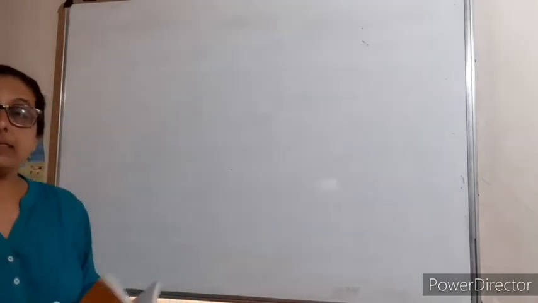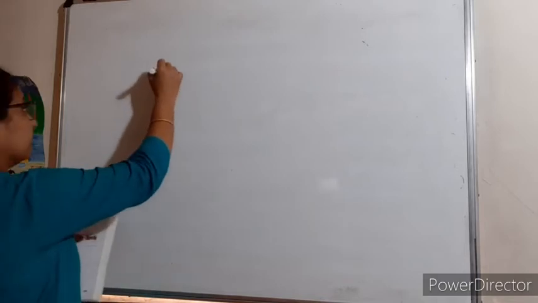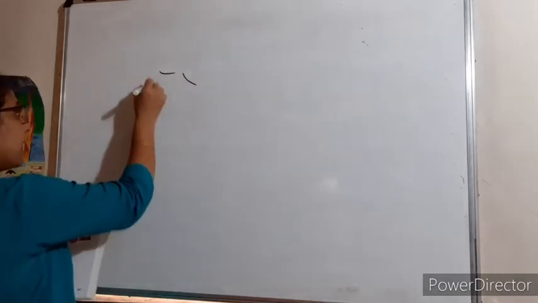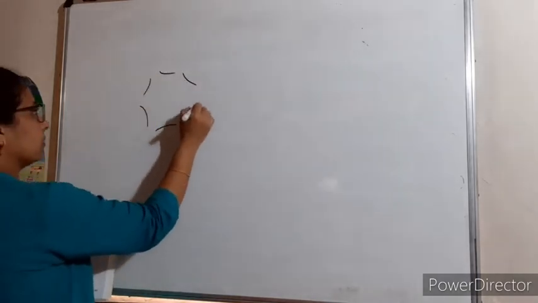Here we have learned the diagram of the nerve cell in the earlier standard, but still we'll draw the diagram of the nerve cell. उसके पार्ट्स के बारे में हम देखेंगे. So here the nerve cell जो है, it is divided into two parts, and that is head and tail. Here is the head of the nerve cell, like this.